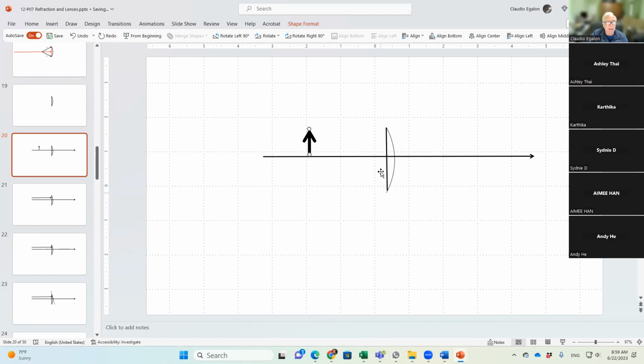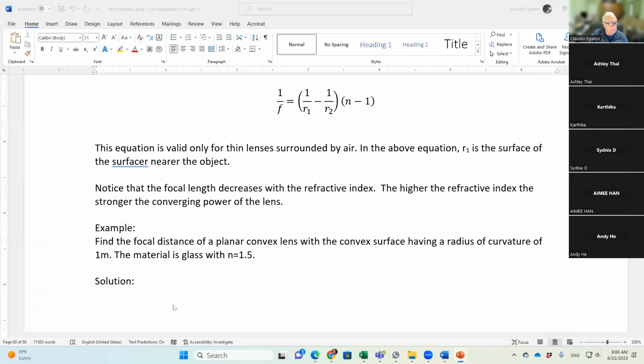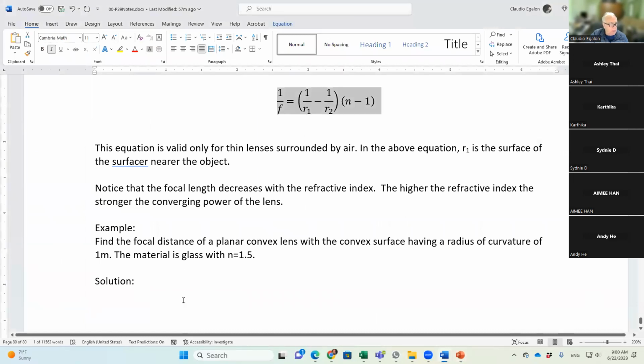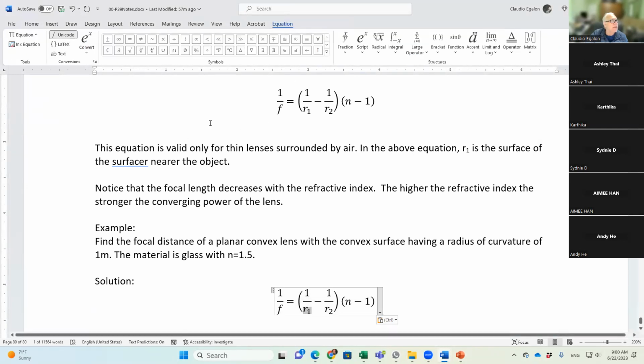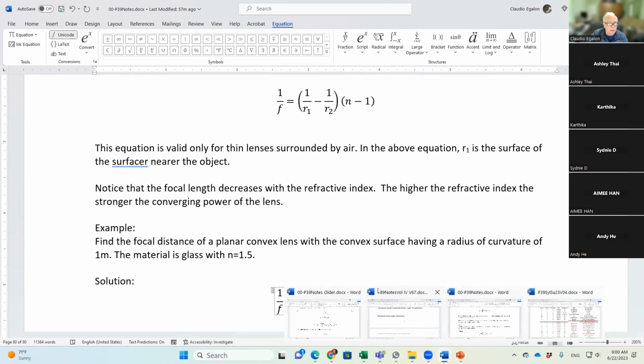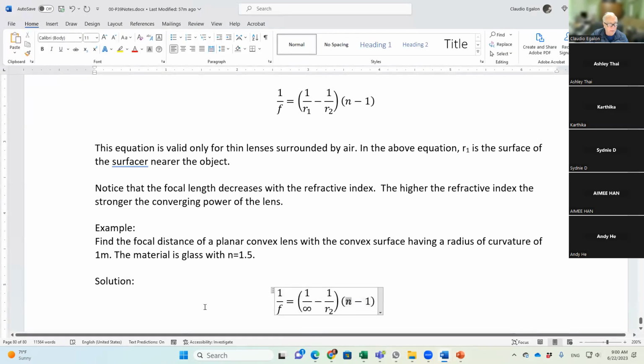So that should be R1. Okay. So what we're going to do here is the following. R1 is going to be a very large number. I'm going to put that here, infinite.